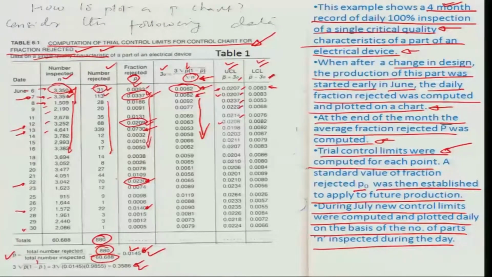So, you basically remove these values which are outliers, that is June 7th, June 12th, June 13th and June 22nd, from the overall calculation. That means, from the overall P average value that you have computed.